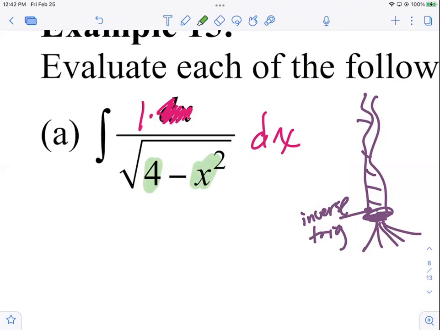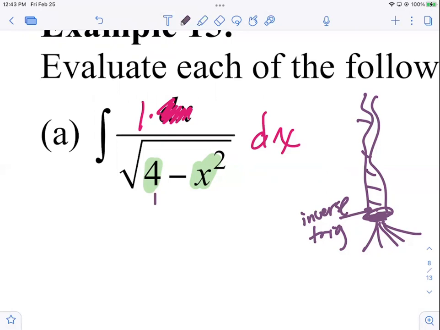There is no x in front, so it's probably not an arc secant, but that's not the actual telltale sign because you'll see later it doesn't have to be there. What's important is that under the radical, since subtraction is not commutative, is it number minus function or function minus number? It's number minus function. So that's going to be an arc sine if it's anything. Arc sine was 1 minus x squared.